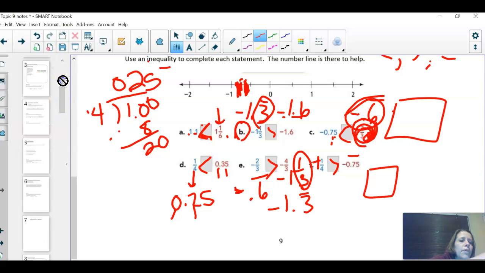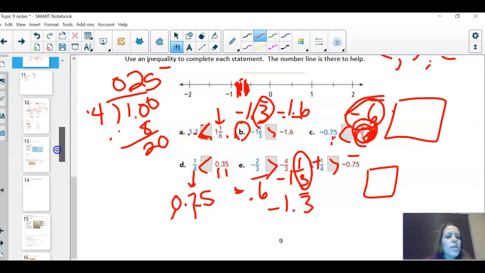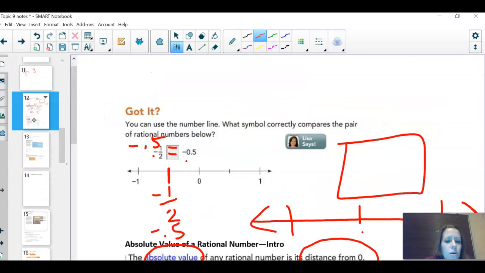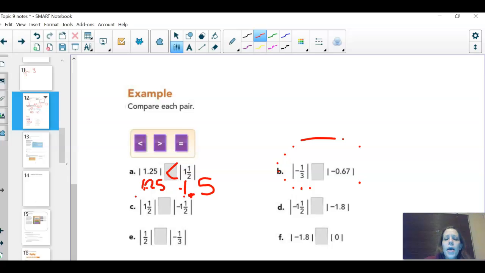Okay, so you're gonna go ahead, and I want you to try this one. Necesitas tratar esto. You need to try and put an answer in the box. Is it less than or greater than or equal to? Necesitas escribir en la caja. Es menor que, mayor que, or igual a. Okay?